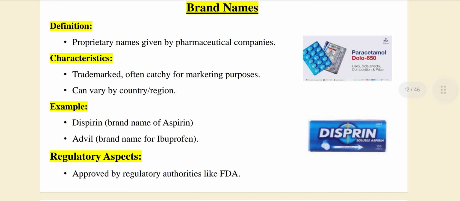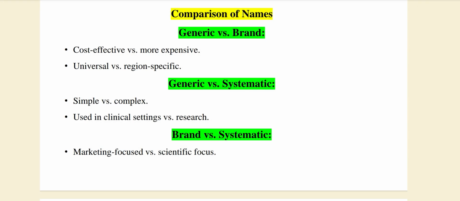Regulatory aspect: approved by regulatory authorities like the FDA. Comparison of names: generic versus brand, cost effective versus more expensive; universal versus region specific. Generic and systematic: simple and complex.